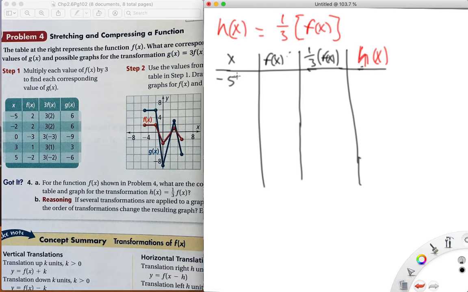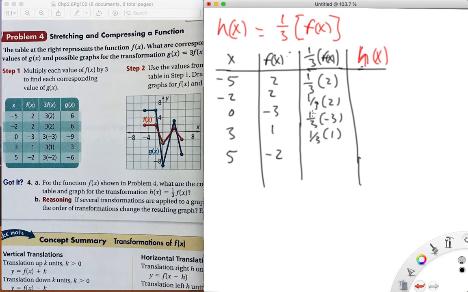And -5, -2, 0, 3, 5, 2, 2, -3, 1, -2. So this would be 1/3 times 2, 1/3 times 2, 1/3 times -3, 1/3 times 1, and 1/3 times -2.